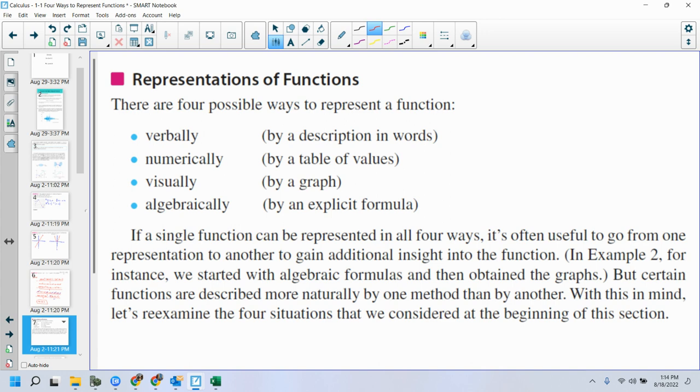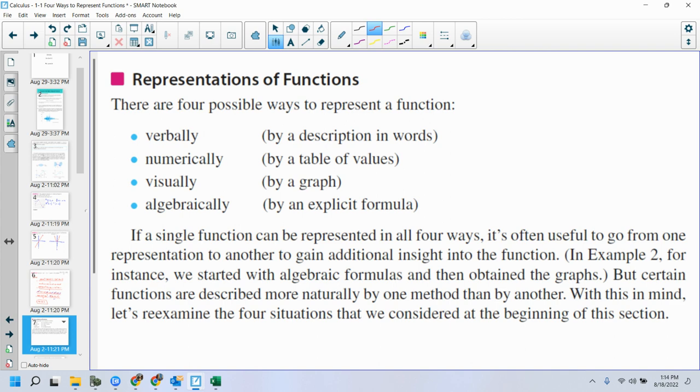If we can somehow describe what it looks like in a table, maybe that tells us something about what the graph is going to look like. Obviously, right? That's how we learned how to graph in the very beginning. Make a table, plot the points, look at it on the graph, connect your dots. If we can somehow see what it looks like on the graph, that might tell us something about how it's going to look algebraically.